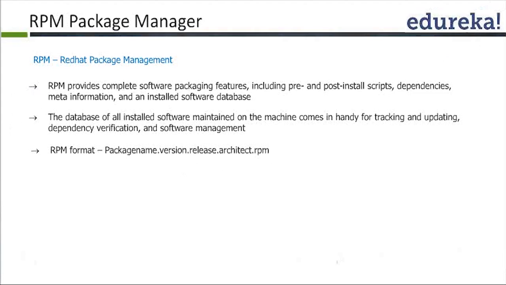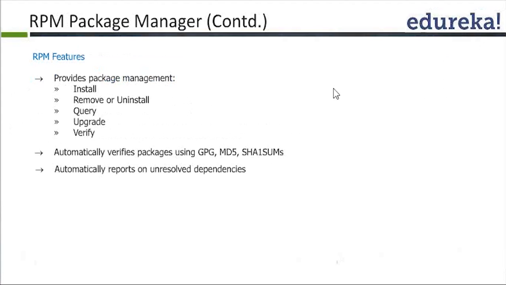So this is in general about the Red Hat Package Manager. These are the basic options that we'll be making use of: how to install a package, how to uninstall the package, how to query whether a package is installed or not, or if you are upgrading to a next level, how do you do that. And verification, all this.